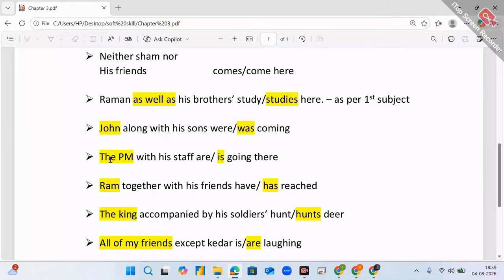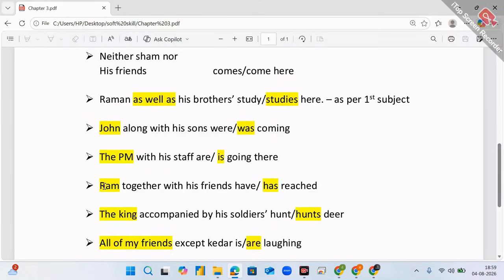Next, the PM with his staff are or is going there. Again, this is an example in which we join two subjects with with, so we choose by the first subject. The PM is singular, so we go with is instead of are.